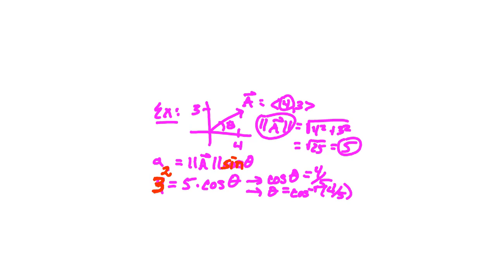So 3 equals 5 cosine theta, not cosine, sine. Okay, so then sine of theta would equal 3/5. So theta would be the inverse sine of 3/5. Okay, and then, radian or degree mode, pay attention to that. But either one of them is going to give us that angle theta. We don't have to do both, but they would agree.